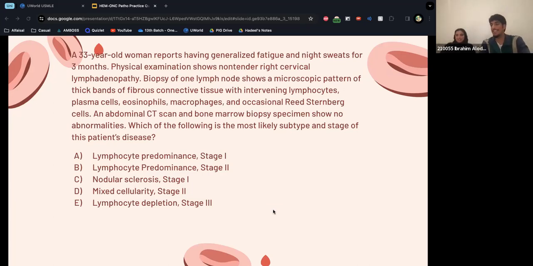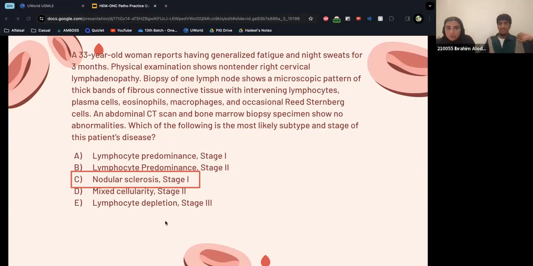Okay, you guys are saying C. Anyone else have a different answer? Okay, C. All right, so you guys are correct. It is C, nodular sclerosis, stage 1. So why do you say stage 1?